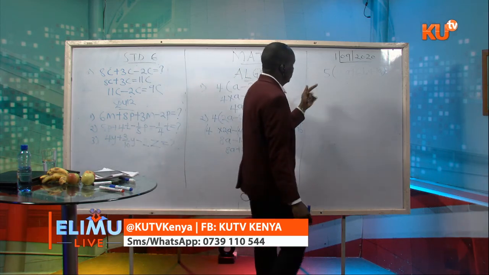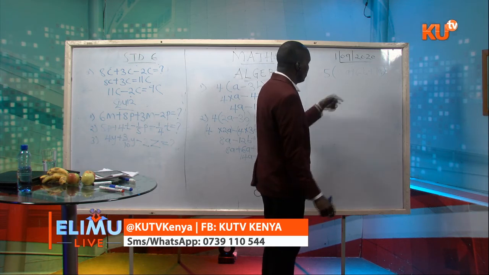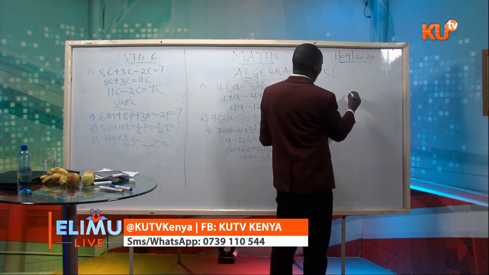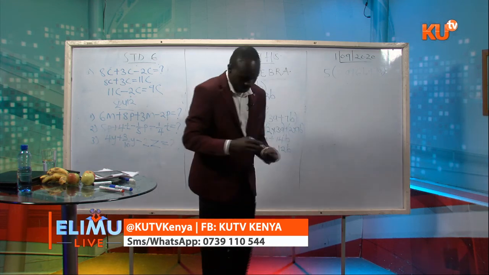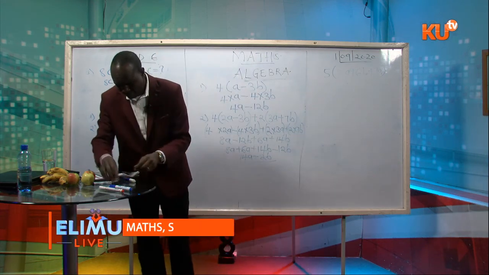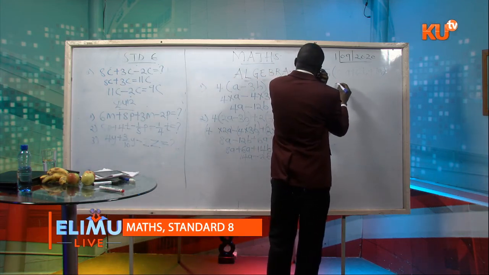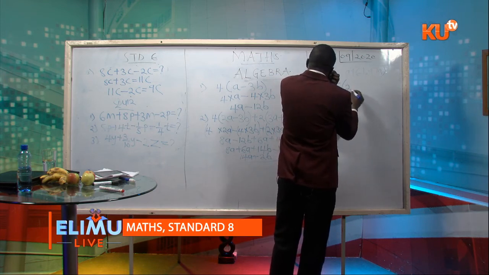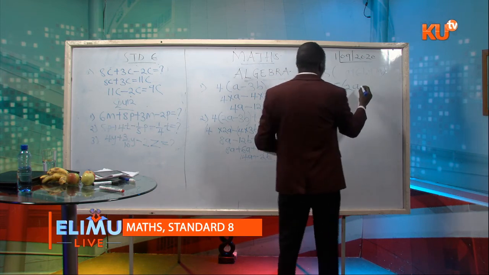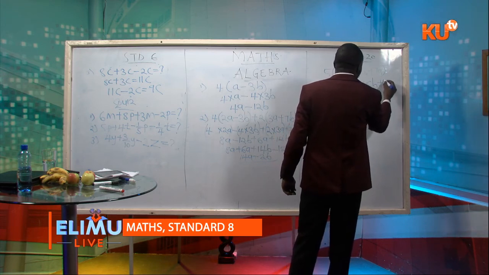First of all, we have to group them into like terms. Let me use a different pen so that you can see it clearly. That is 5 whole number, open the brackets, 2a plus 6b plus 7a.